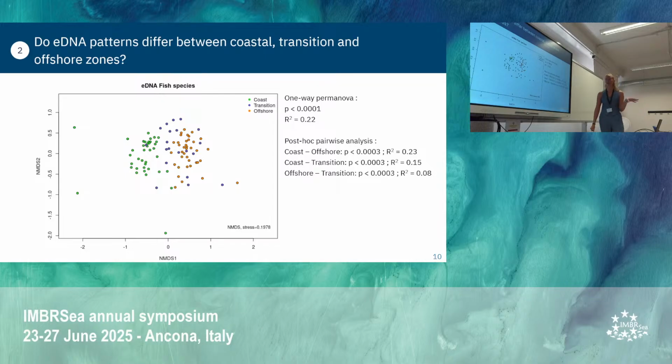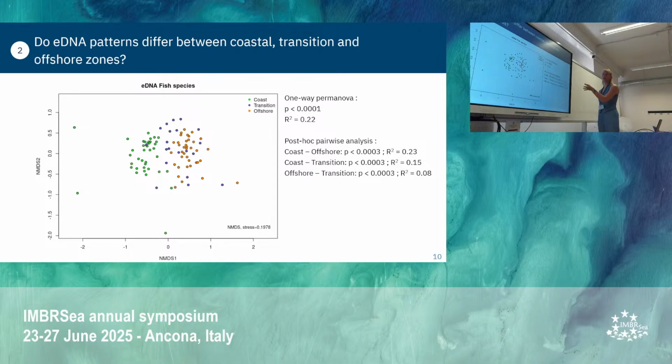Now, some spatial patterns detected with eDNA. So I made an NMDS plot of the Bray-Curtis dissimilarities from eDNA data of the 3 sampling zones, with each point representing a sample taken at either the coast in green, the transition in purple, and the offshore stations in orange.